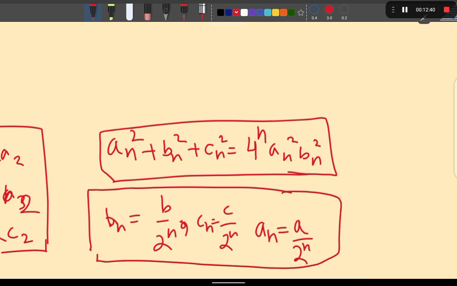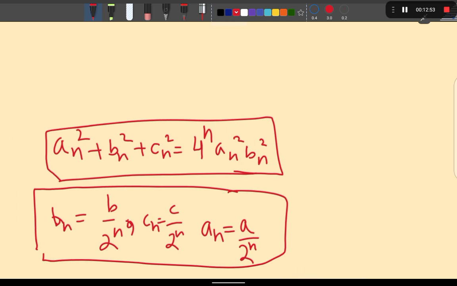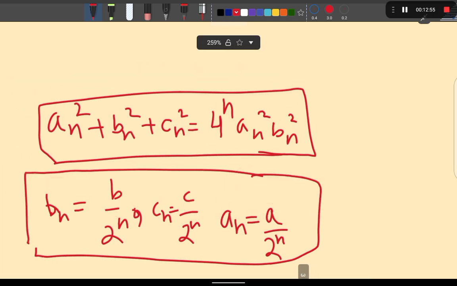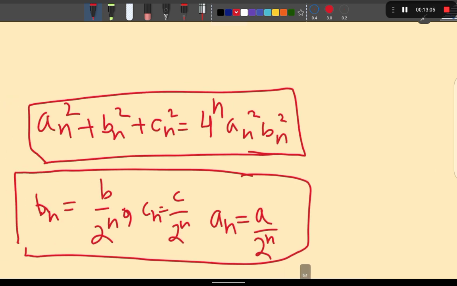Now, to get the solutions, an, bn and cn are all integers, since we need to find the integral solutions, and n is very large. Why is n very large? Since it's going infinitely, we are solving it infinitely, so n is very large. So when n is very large, all of these three quantities tend to 0.